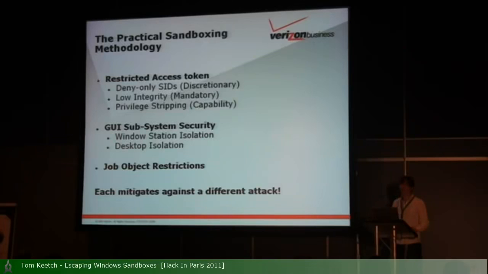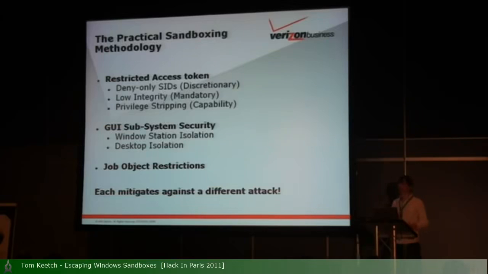So the use of mandatory integrity control or integrity levels isn't a necessary part of this methodology, but it's mainly used for defense in depth. We can also strip particular capabilities from a token, so remove the right to impersonate other users.